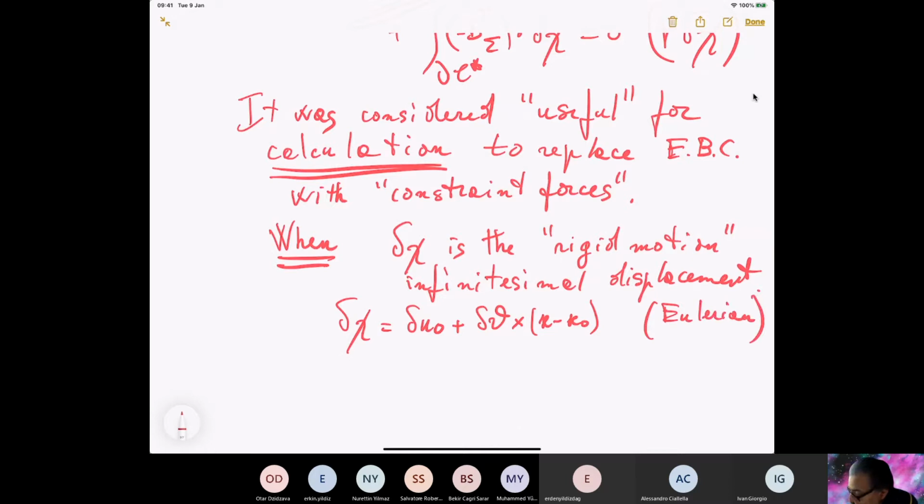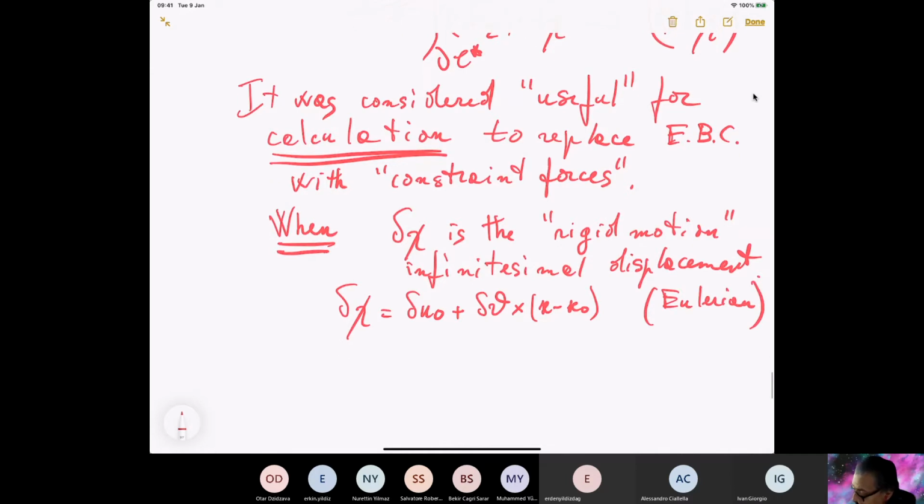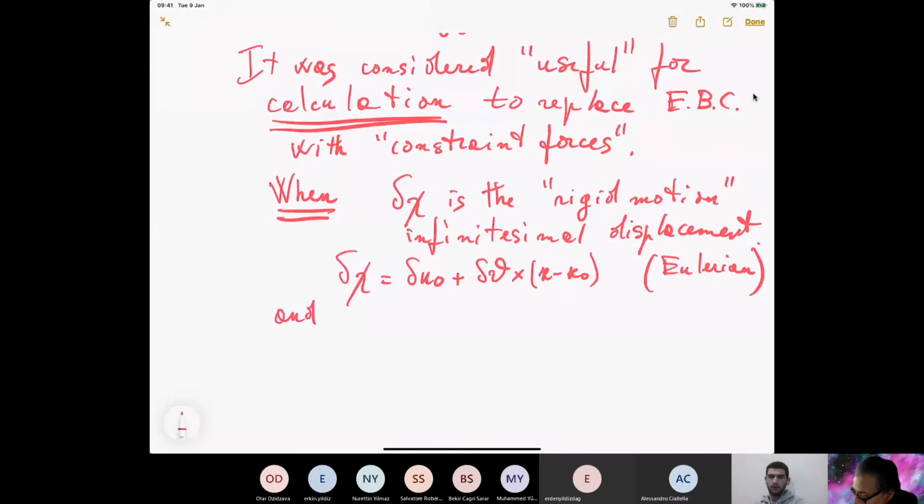Okay, and dW over dF delta F is equal to 0.